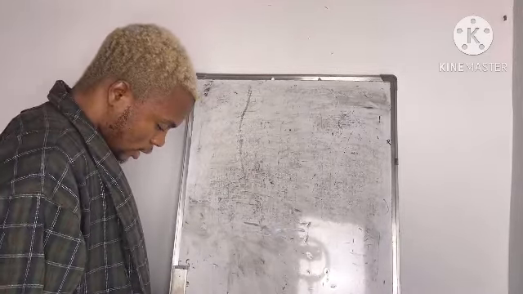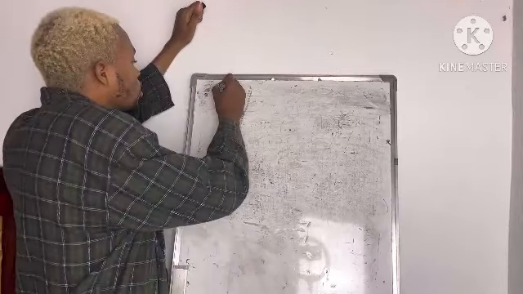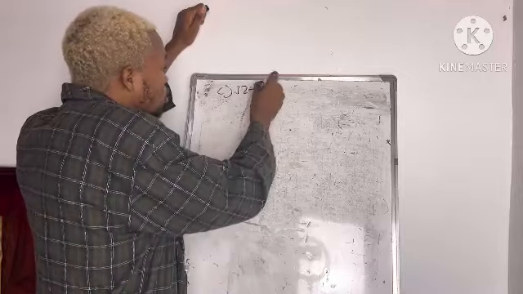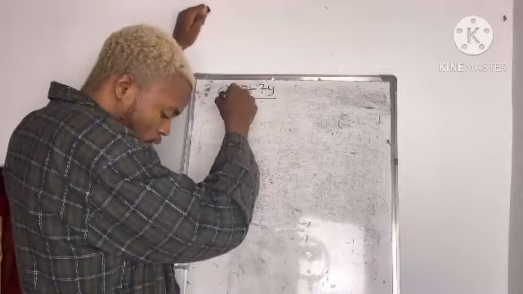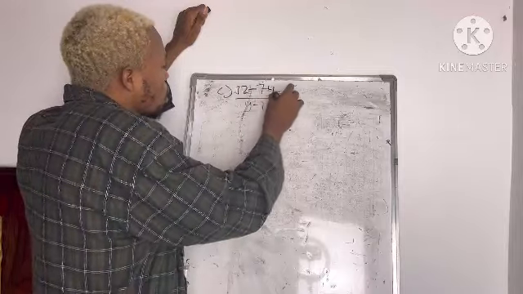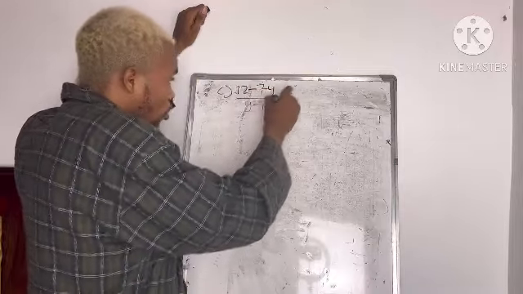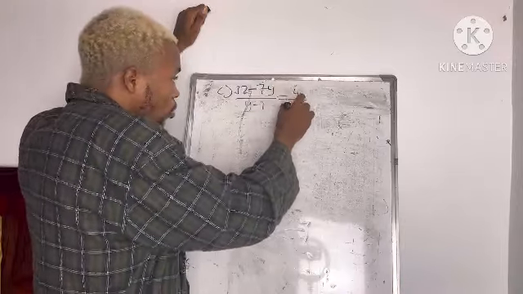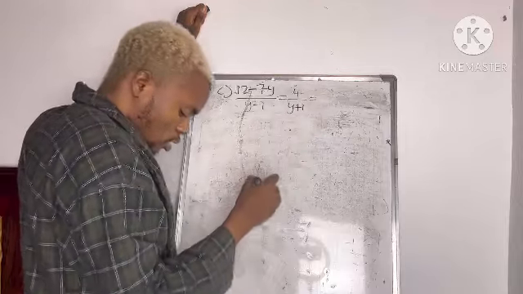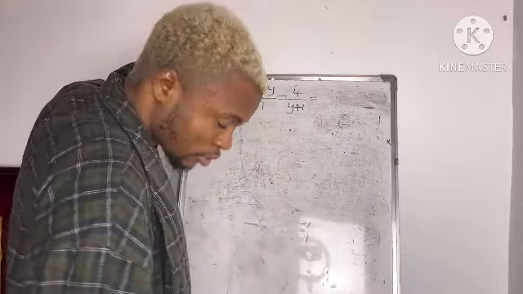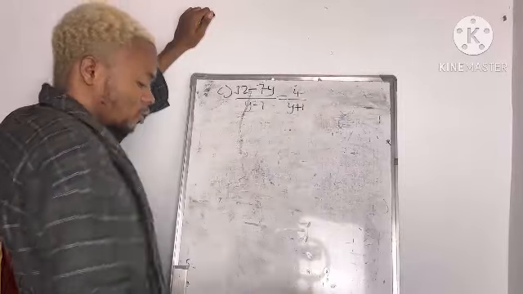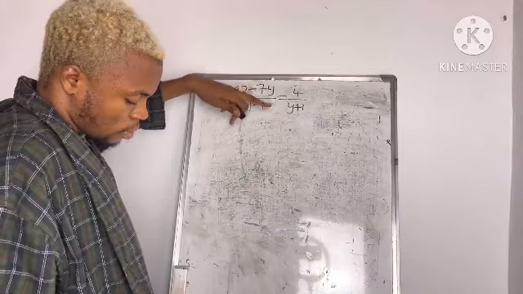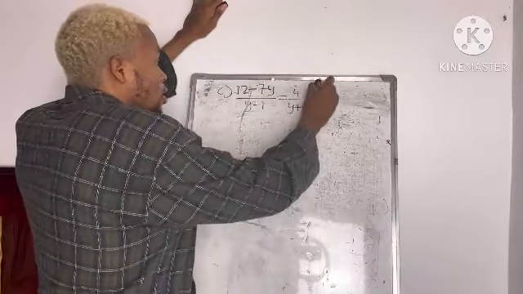So let's solve this. 12 minus 7y on y minus 1 equal to 4 on y plus 1 minus 7.